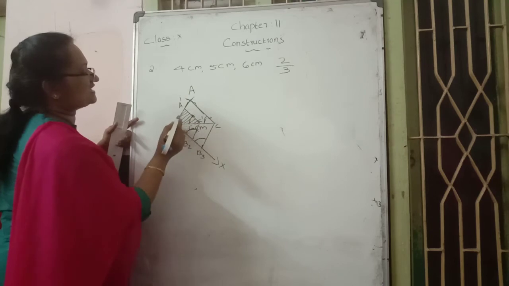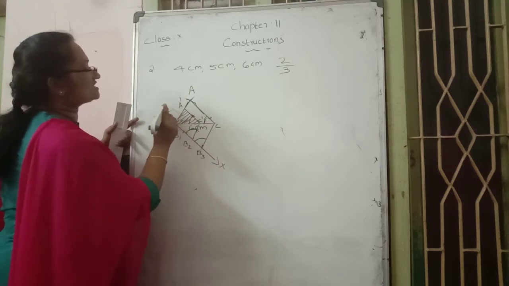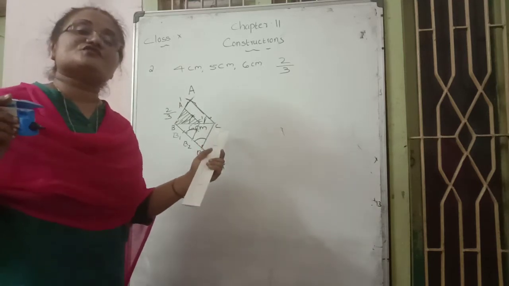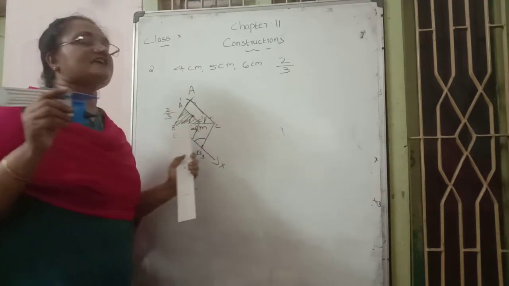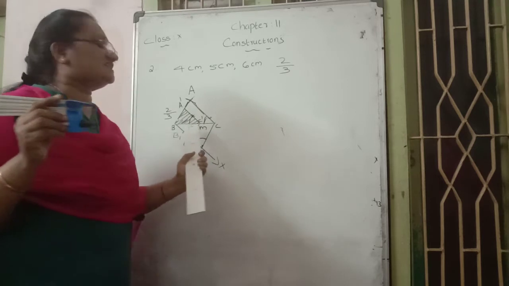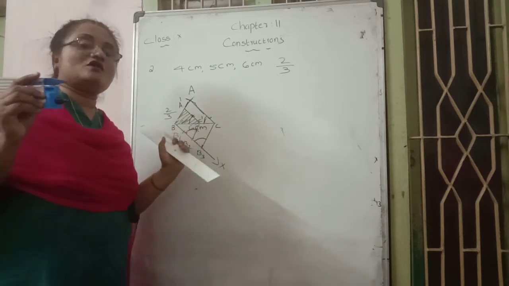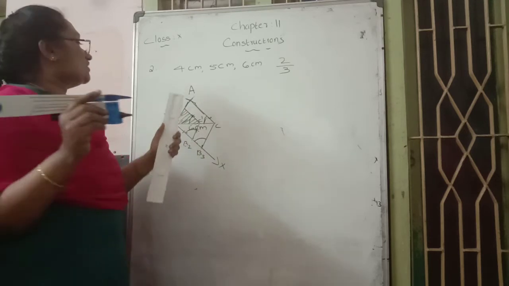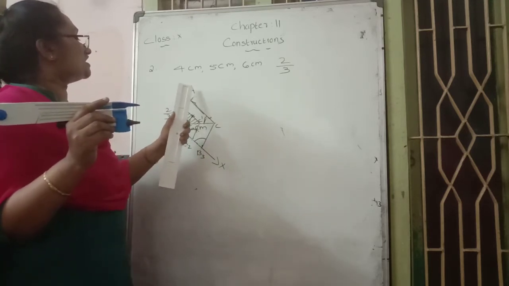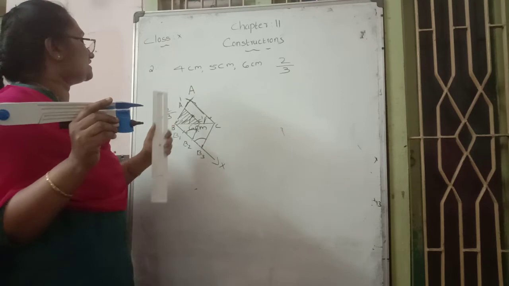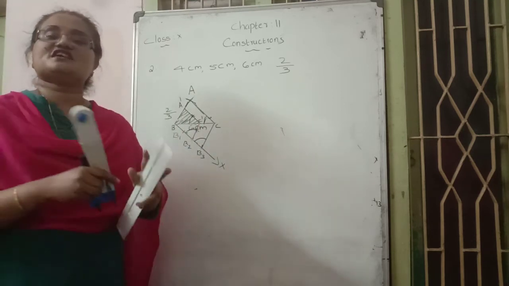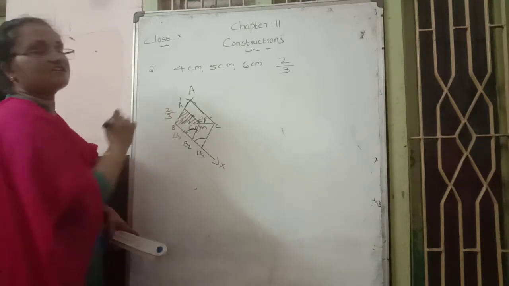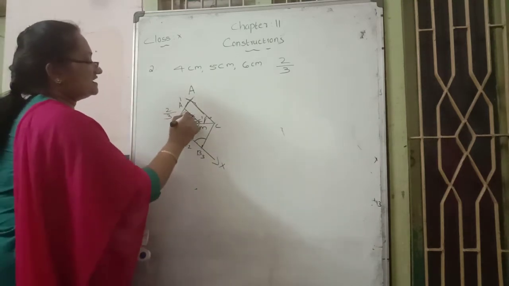How much is the scale factor? 2/3 of our big triangle ABC. All sides of triangle A dash B C dash are equal to 2/3 of the sides of triangle ABC. That is the meaning. This is the construction of the second, our similar triangle.